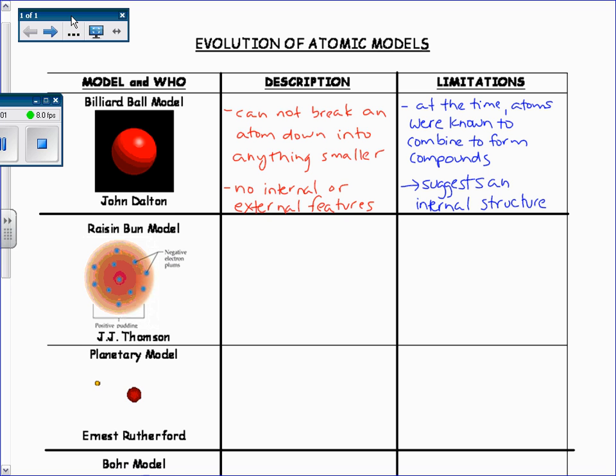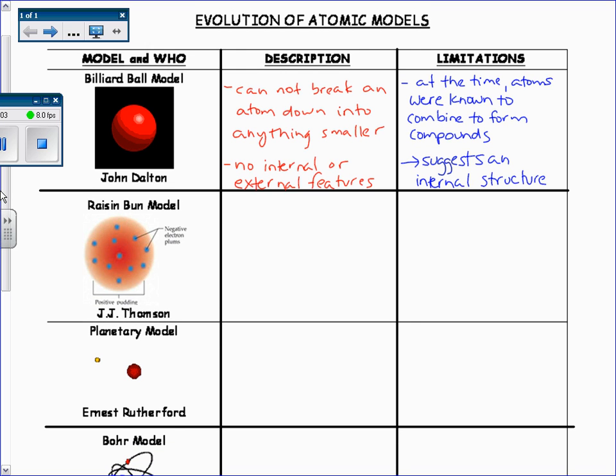The Raisin-Bun model said that an atom is negative bits embedded in positive goo, or positive material.